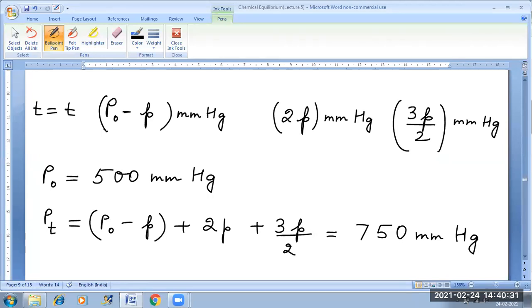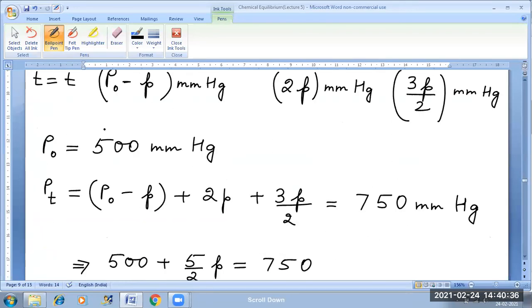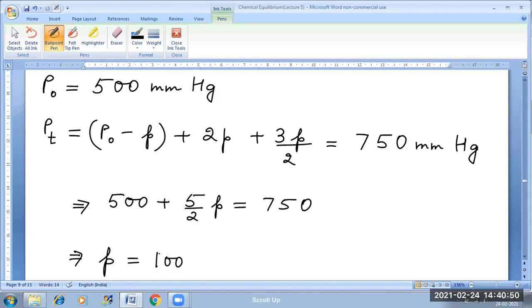So I've added up the partial pressures of Cl2O7, ClO2 and O2. That is equal to 750 as per the question. So pressure at equilibrium is 750. On solving this, I'll get small p as 100.